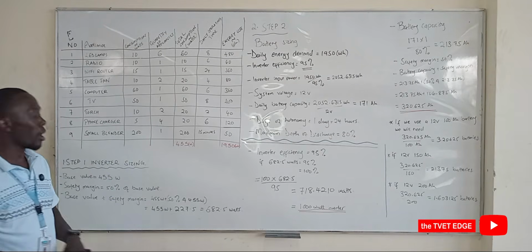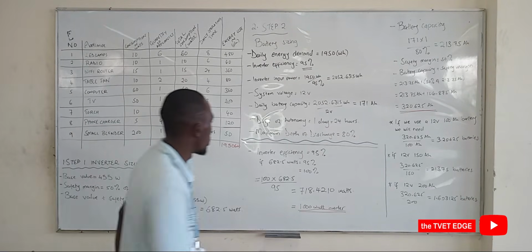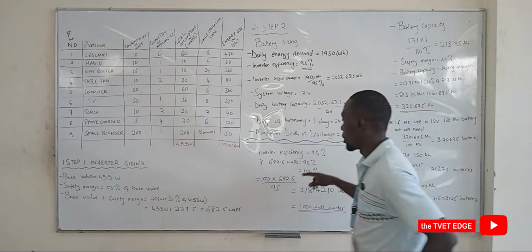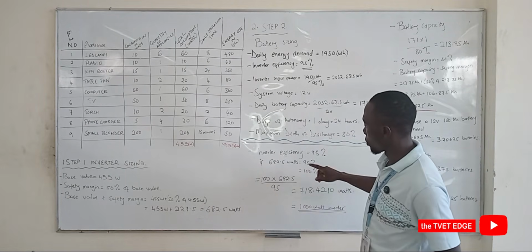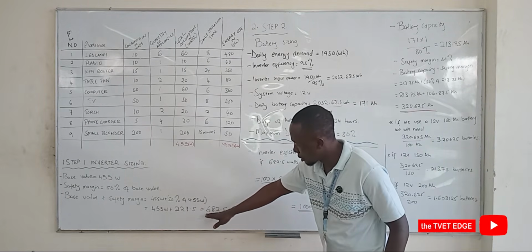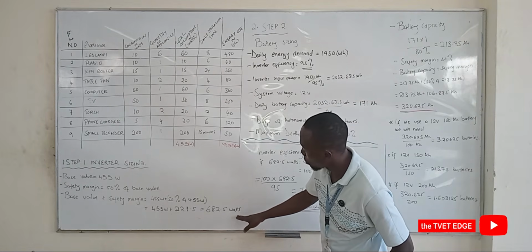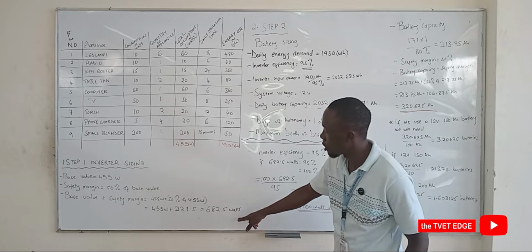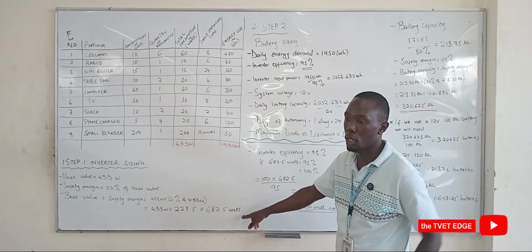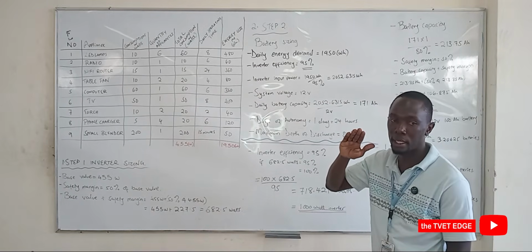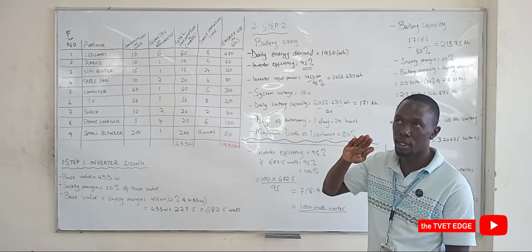Now, after we've introduced the safety margin, we factor in inverter efficiency. Since this is the total consumption in watts, this is what the inverter is supposed to allow to be consumed in watts. The inverter acts like a gate. We explained that in our first lecture.